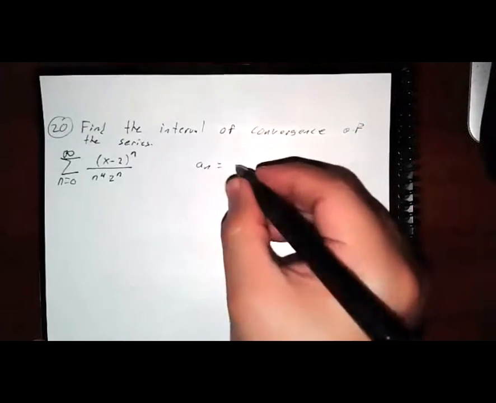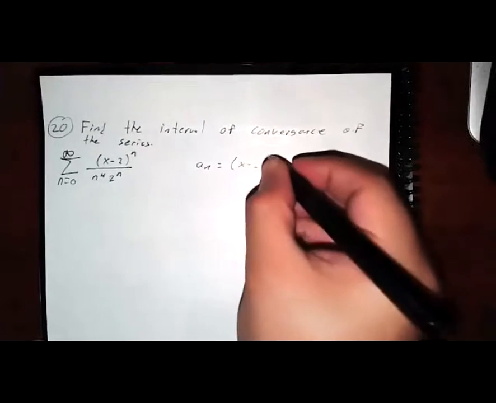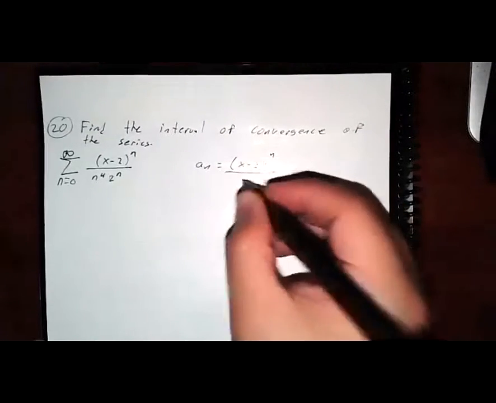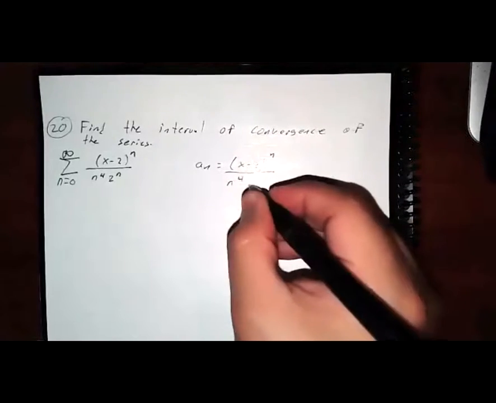So a sub n is x minus 2 to the n, over n to the 4 times 2 to the n.